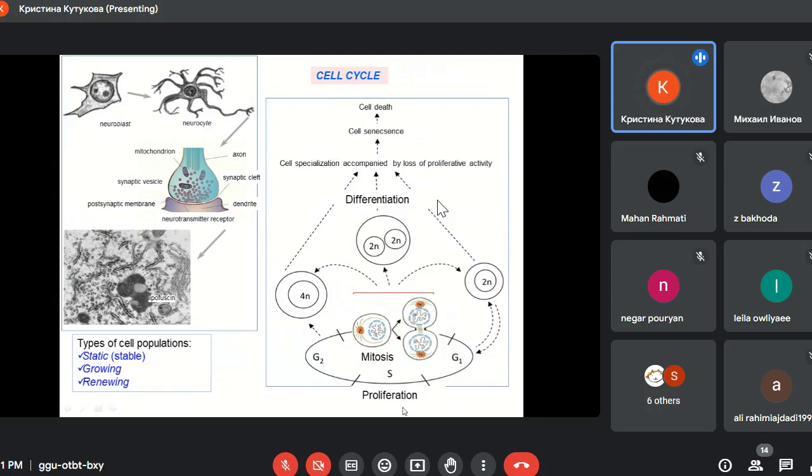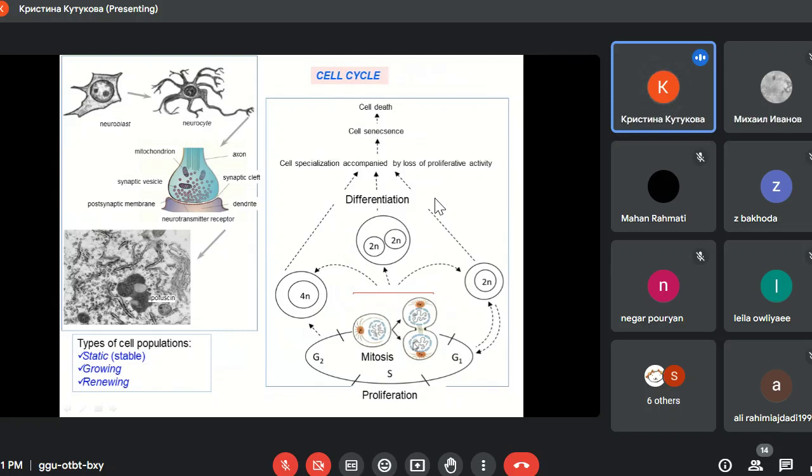Proliferation means cell dividing and making more cells with the help of mitosis. It is when one mother cell divides into two daughter cells, which are equal to their mother cell.